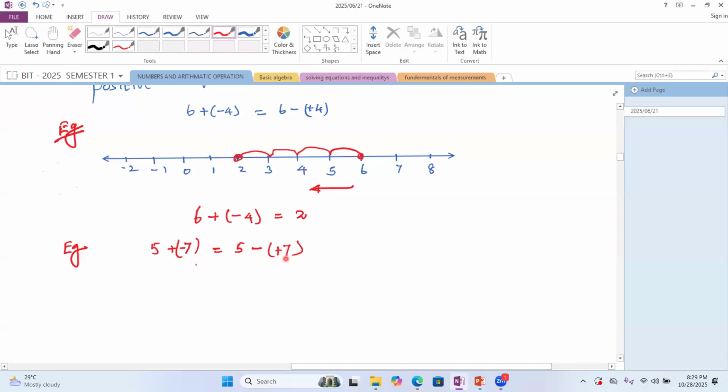Right? So first we write the number line.